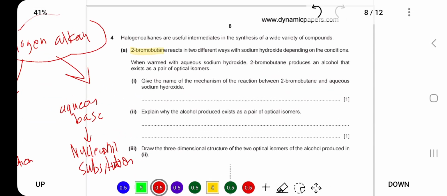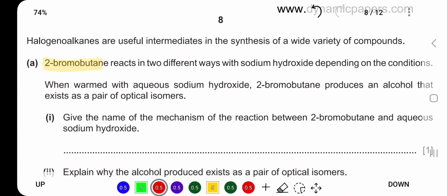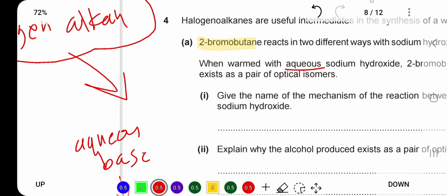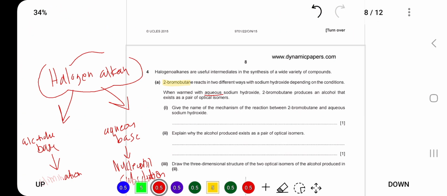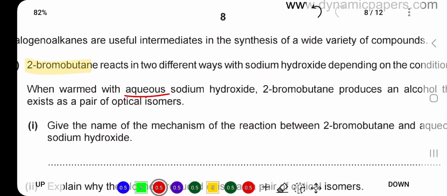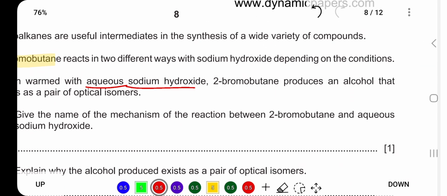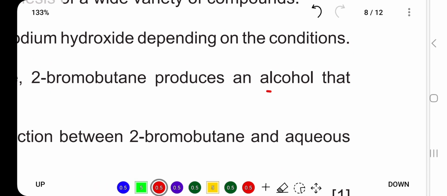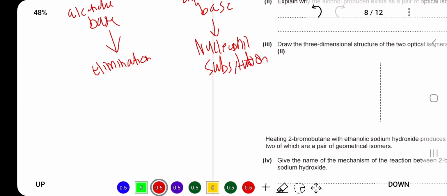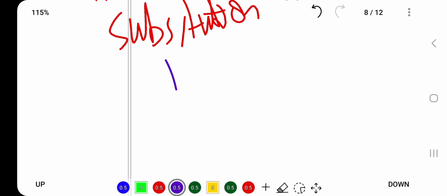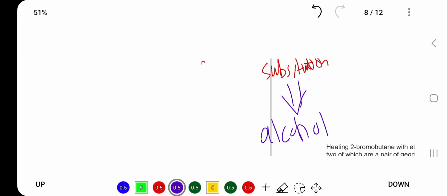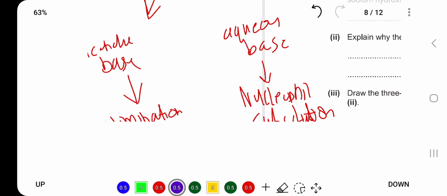Great. Alright. We talk about aqueous again. Aqueous is nucleophilic substitution reaction. With aqueous sodium hydroxide, bromobutane produces an alcohol. I forgot about this part. Yes. So this gives you an alcohol as a product, like from halogenoalkane into alcohol.